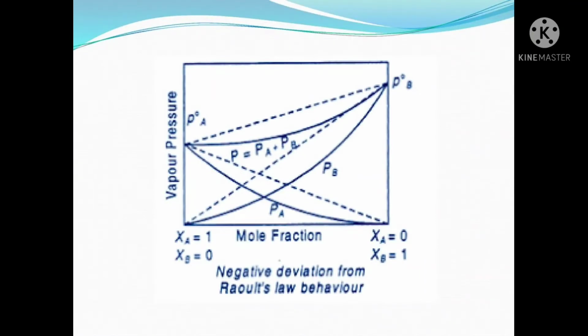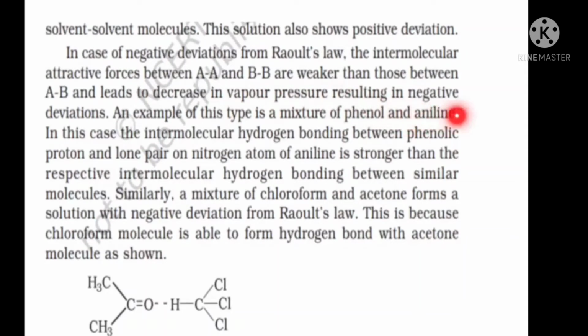The vapor pressure liquid composition curve for a system showing negative deviation is shown in this picture, and the dotted curves are those for an ideal solution. Example, mixtures of phenol and aniline.